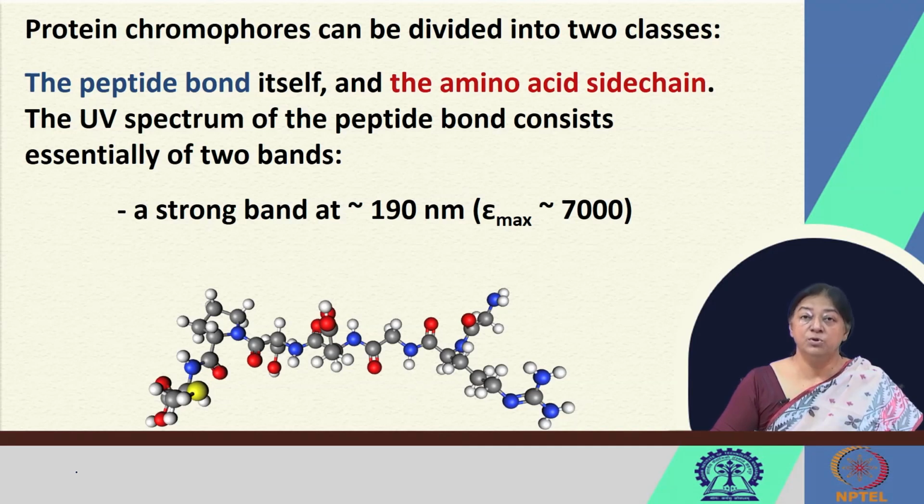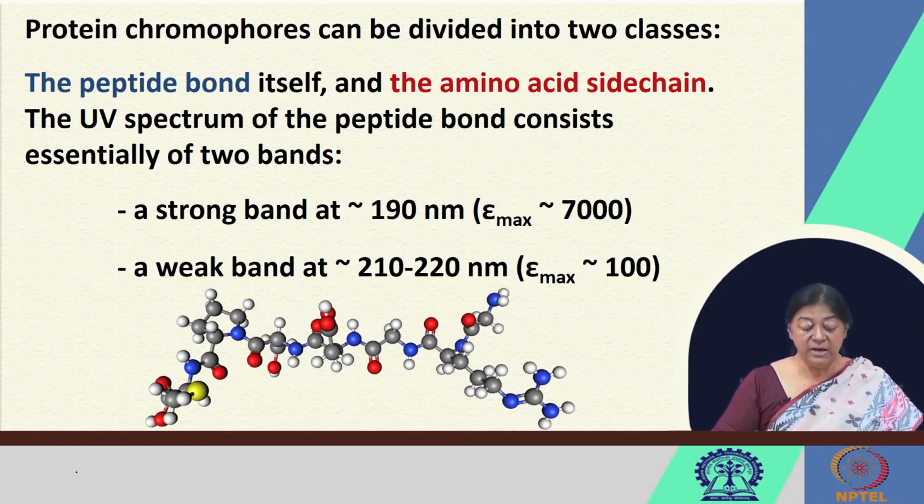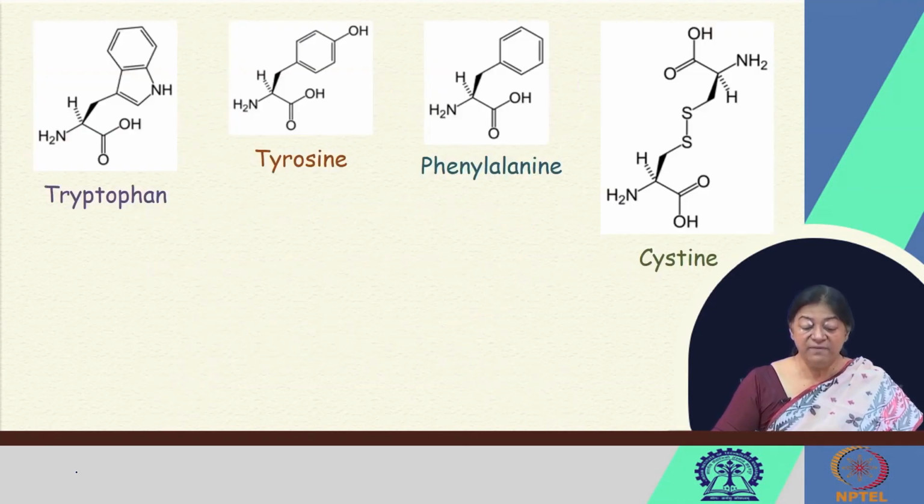We know that the protein chromophores themselves can be divided into the amide chromophore, that is the peptide bond itself, and the amino acid side chain, and we have two strong bands here, one at 190 nanometer and the other at 210 to 220 nanometer. That is essentially a forbidden transition. But nevertheless, we have information from these aromatic side chains and cysteine, the disulfide bond formed between two cysteine amino acid residues.